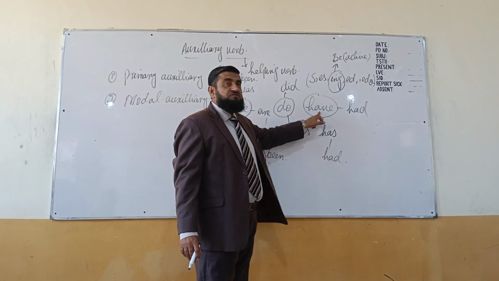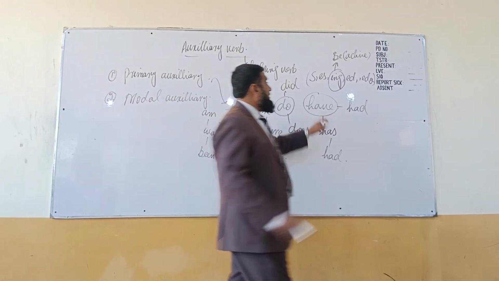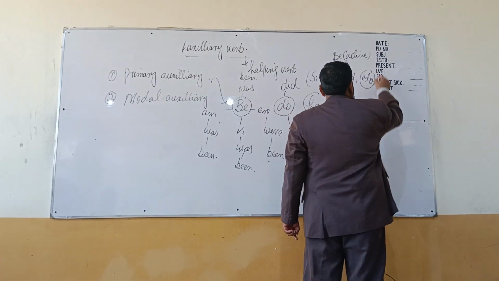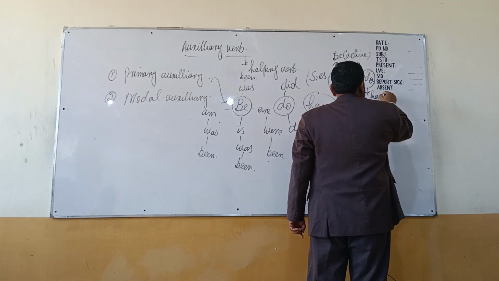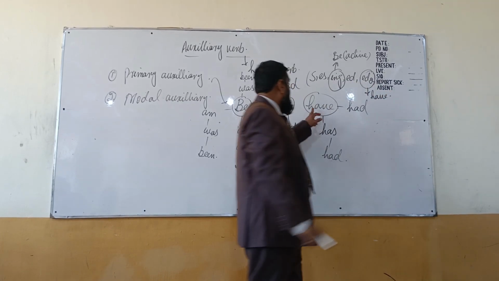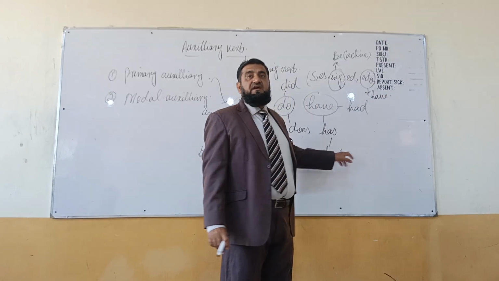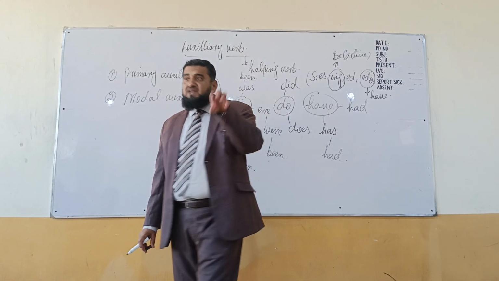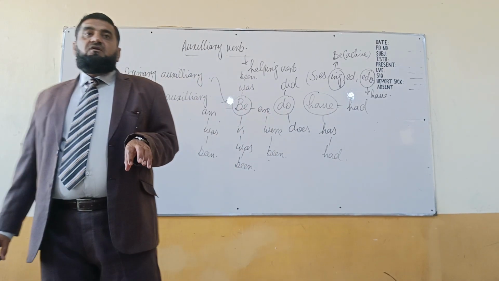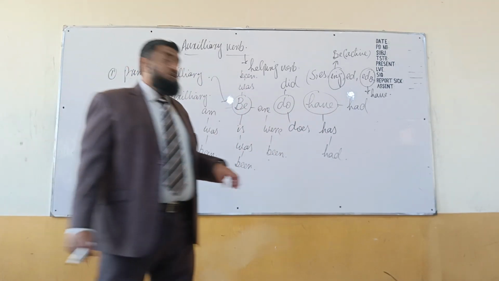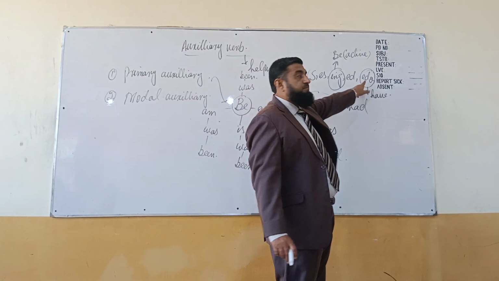When there is auxiliary have, we will use the third form of the verb. When we are discussing have, it means we are discussing had and has as well. With have, we always use the third form of the verb, which is called perfective.